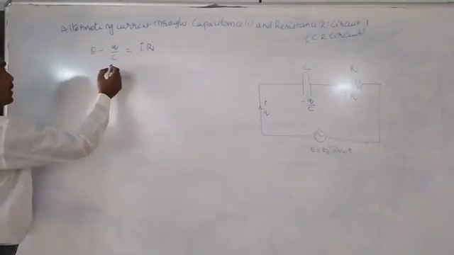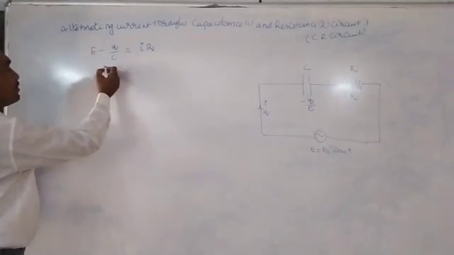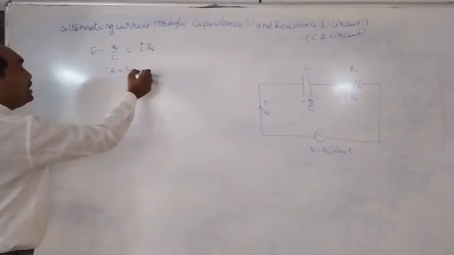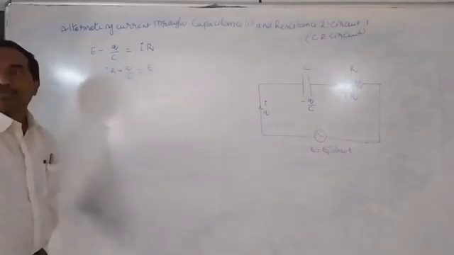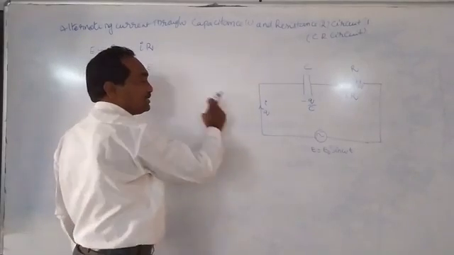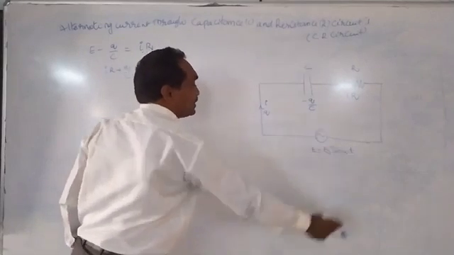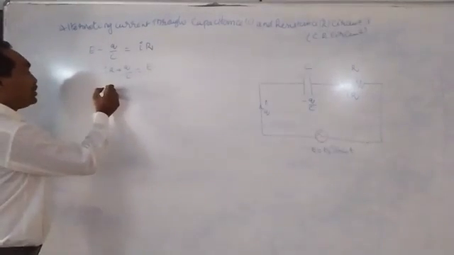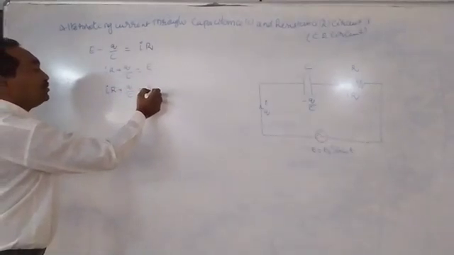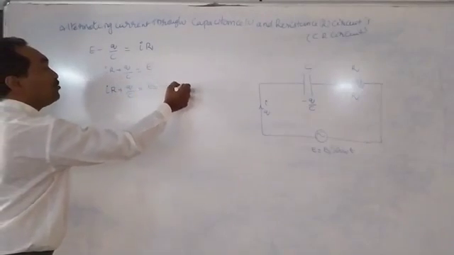So bringing it to this side, IR plus Q by C is equal to E. But we know the alternating voltage EMF E is equal to E naught sin omega t. Substituting, IR plus Q by C is equal to E naught sin omega t.